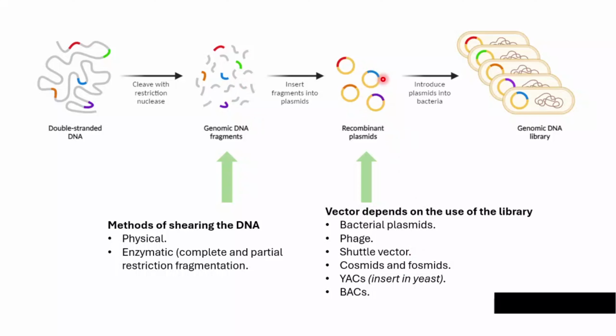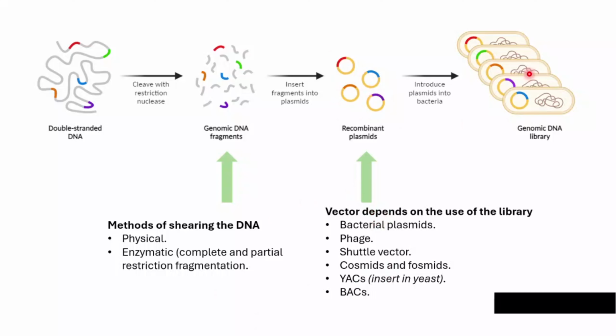Bacteria has 4.6 million, I think, and then the yeast has 12. We have 3 billion base pairs. So that's a bit more than 100 times bigger. You don't necessarily want to make 10 million or 100 million plasmids, right? It's almost impossible. Okay, so you need to review your methods and optimize them so that you can create your genomic library.